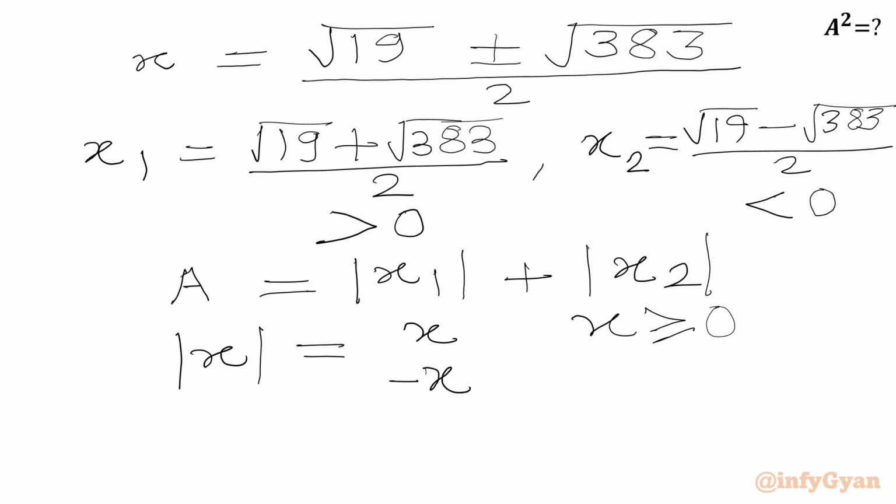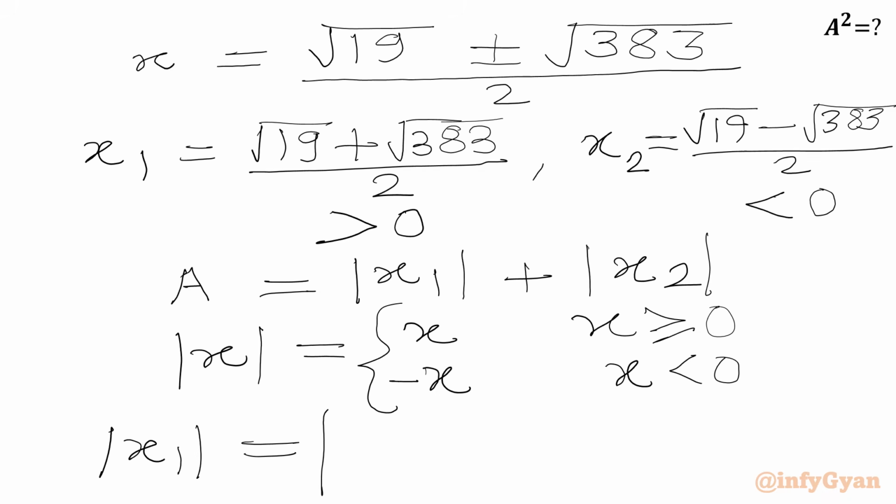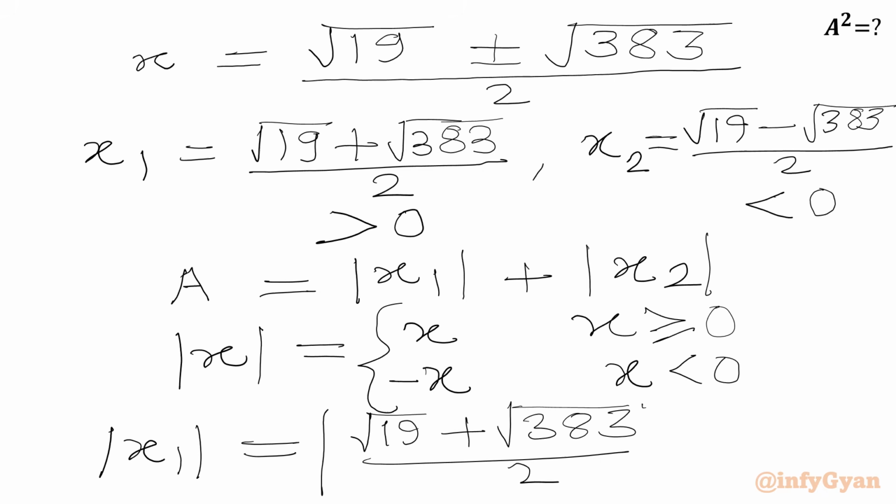And this is equal to minus x when x is negative. x1 is positive, so mod of x1 will be equal to mod of square root 19 plus square root 383 over 2, which will be square root 383 plus square root 19 over 2.